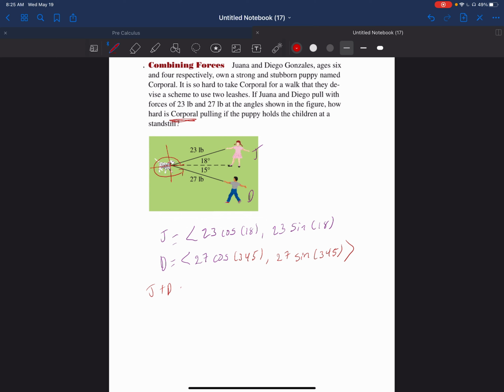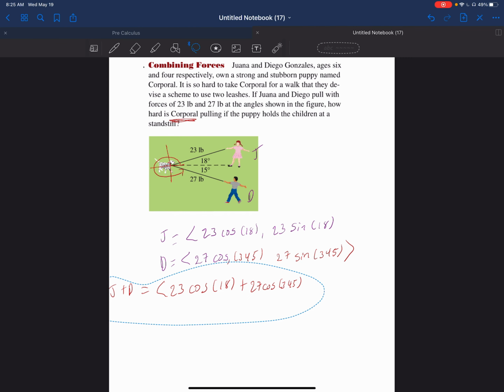Okay, so I'm going to add them together, so that'll be 23 cosine of 18 plus 27 cosine of 345, and then I will do the same thing for the sines, comma 23 sine of 18 plus 27 sine of 345. Put that in my calculator.